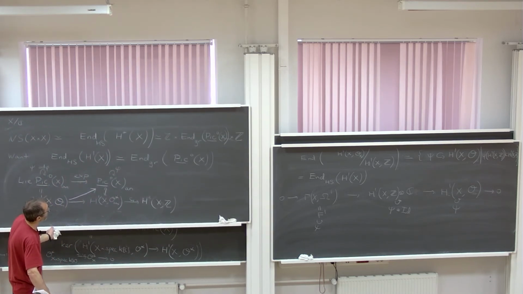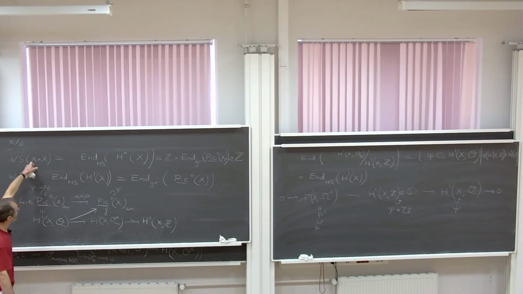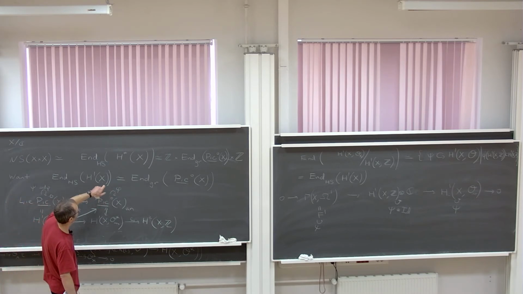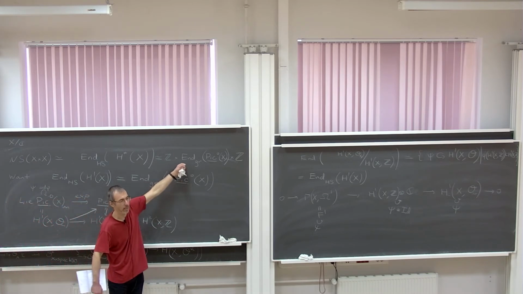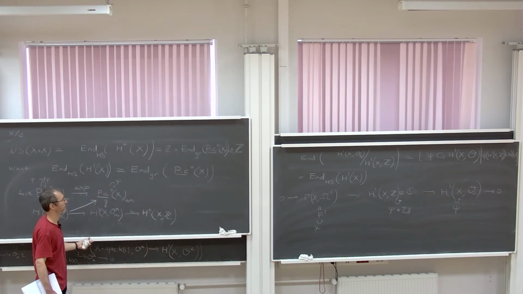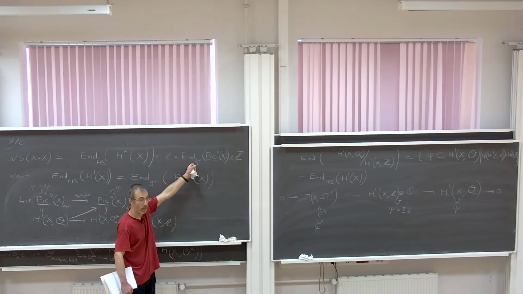So in particular, over the field of complex numbers, I have a complete proof of the fact that this Néron-Severi group is this. And this gives a ring structure here. And we also get this group.